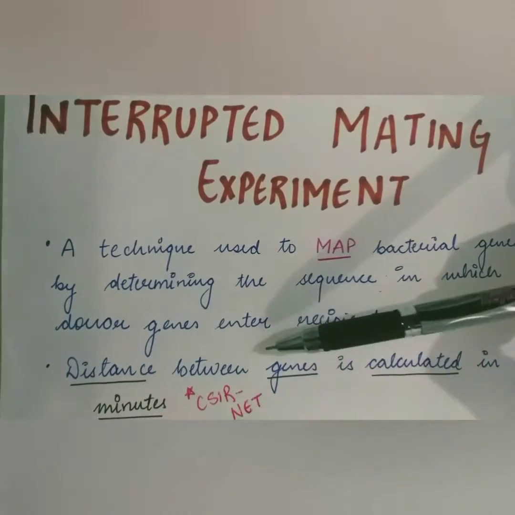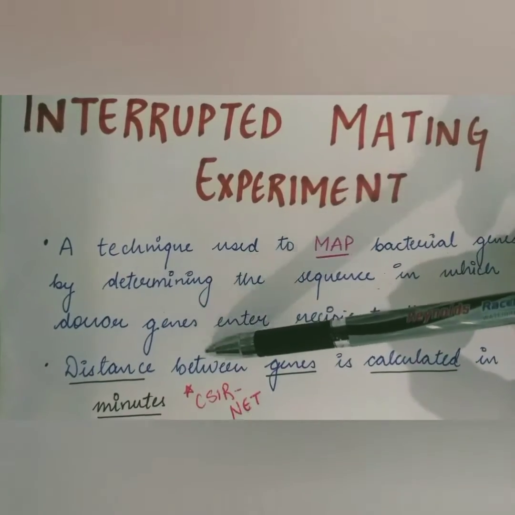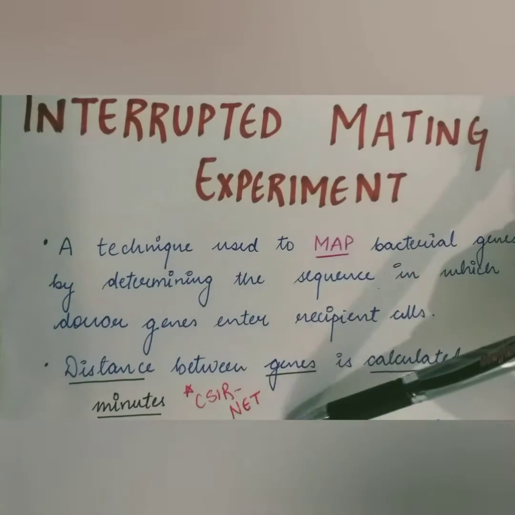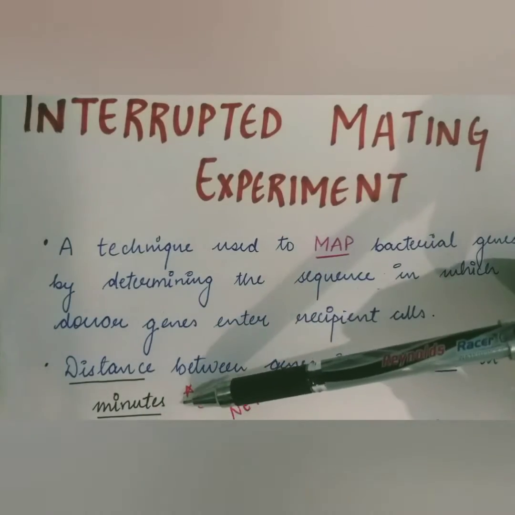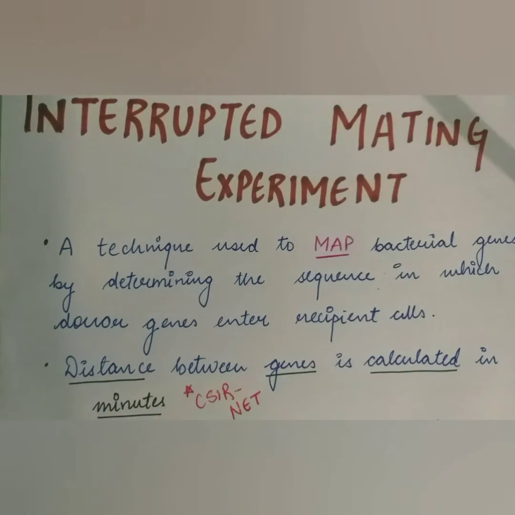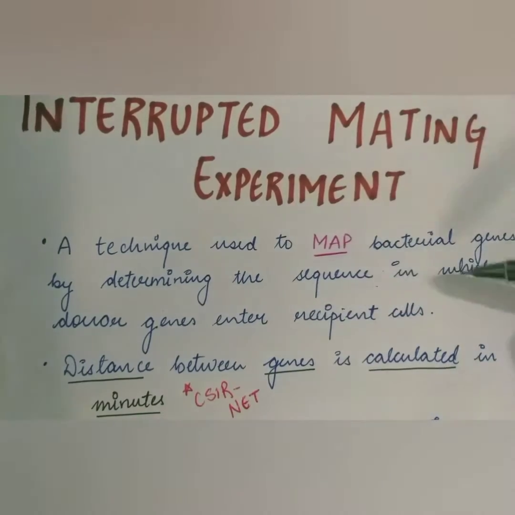Even this particular information has been asked in the CSIR once directly, and the question was, which of the following units is used to calculate the distance between the genes, and the answer was minutes. So we can easily get 2 marks out of this.